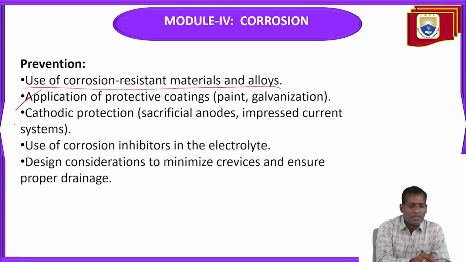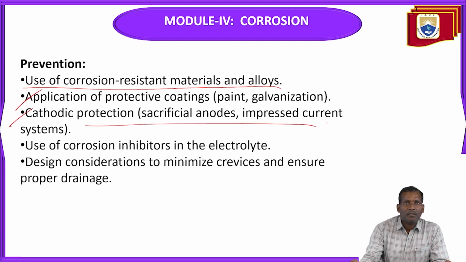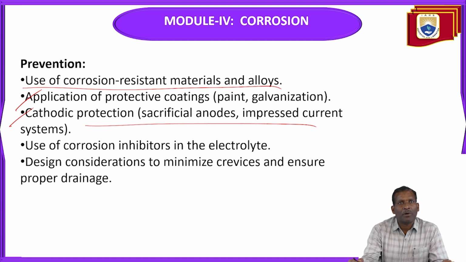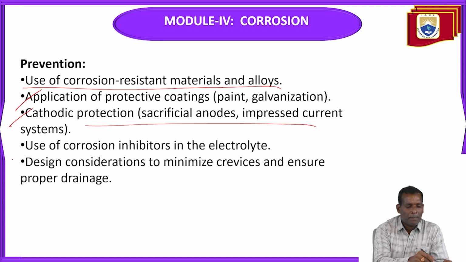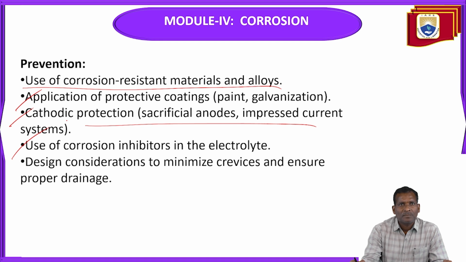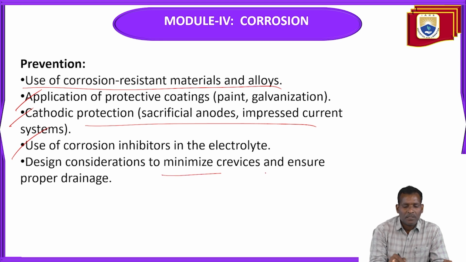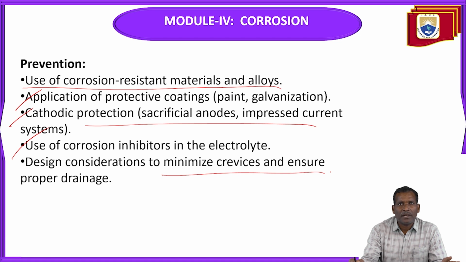Cathodic protection, with methods being sacrificial anodes and impressed current systems. Already we have discussed this in the theory part. Use of corrosion inhibitors in the electrolyte. Design considerations to minimize crevices and ensure proper drainage.